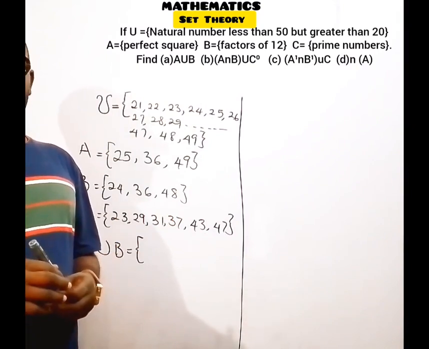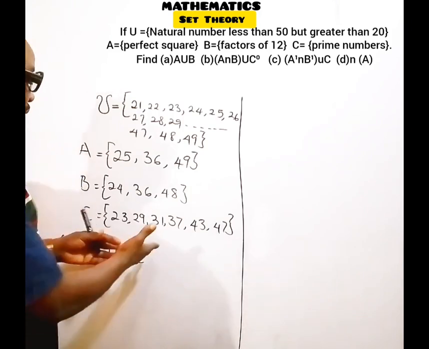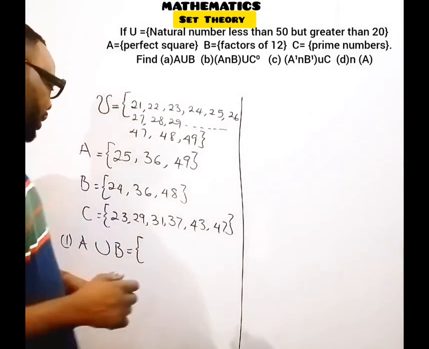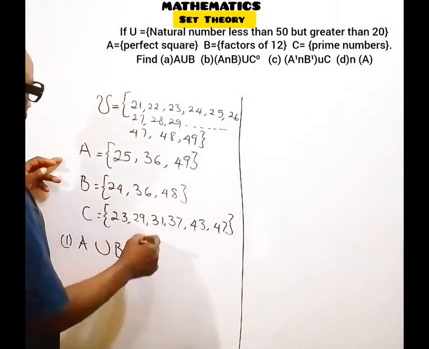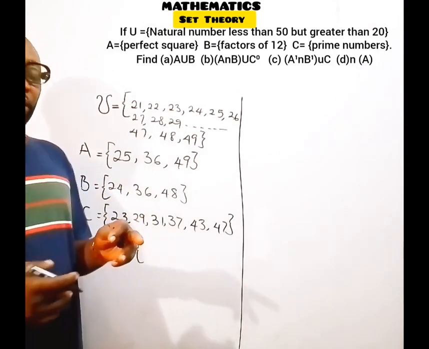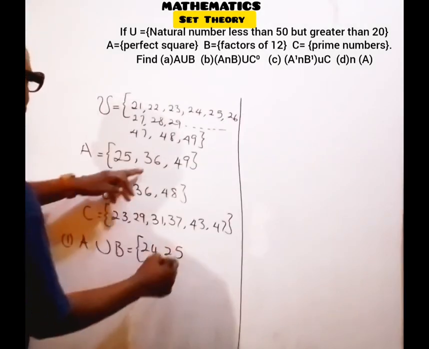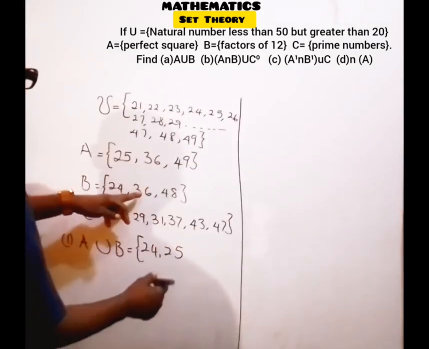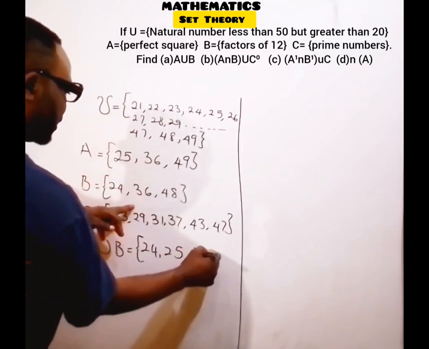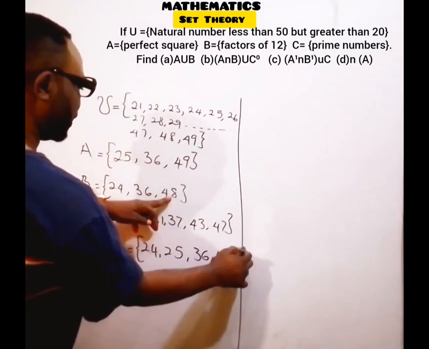Remember that when a particular value occurs 2 times, you just mention it once in the answer you are going to provide here. So A union B will be, let's write it in order: 24, 25, 36, 48, and 49.